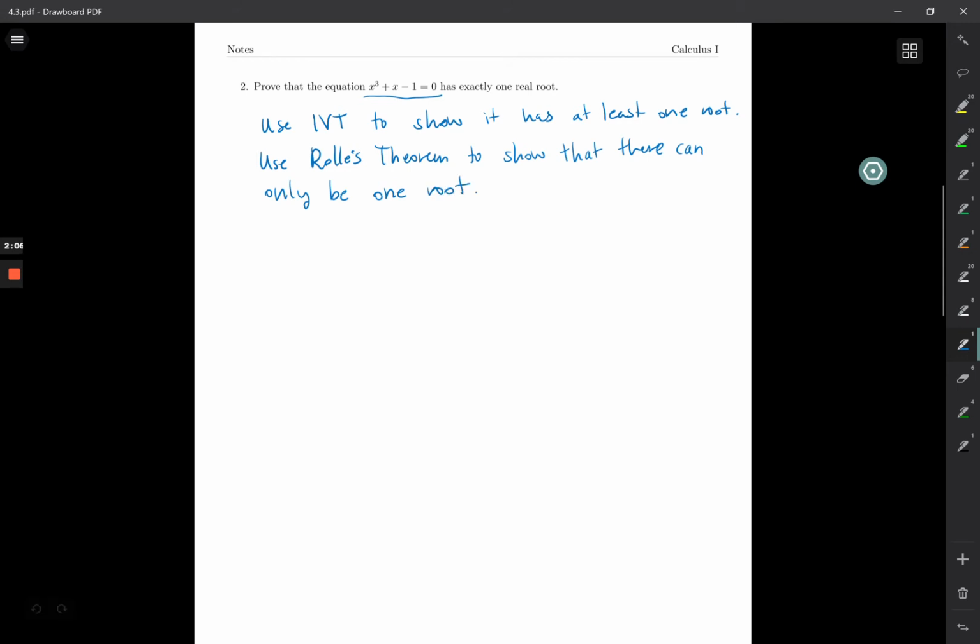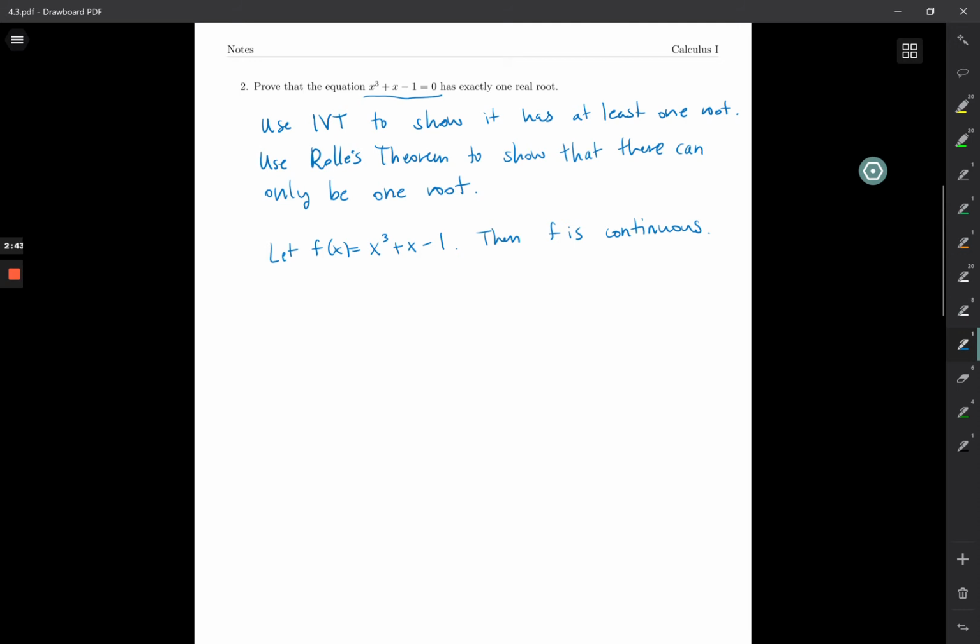Okay, so like I said, we will use the intermediate value theorem, so this is a good review of that as well. We'll let our function be equal to the left-hand side, so f(x) equals x cubed plus x minus 1, right? And f is continuous, it's just a polynomial.